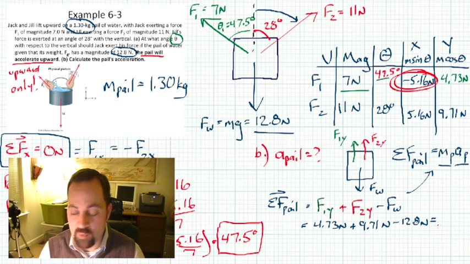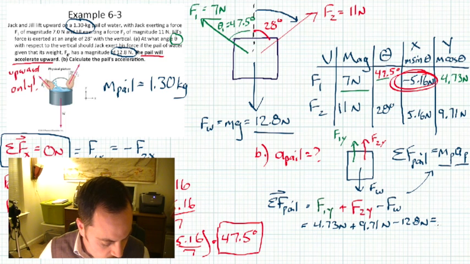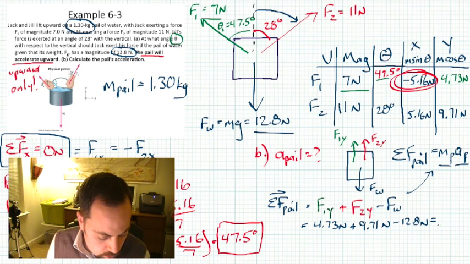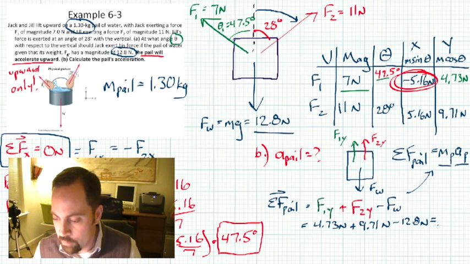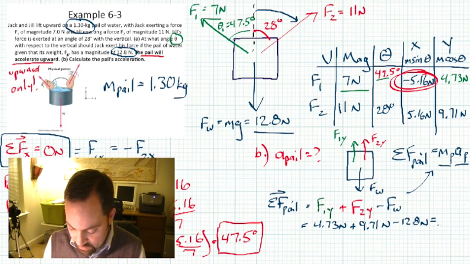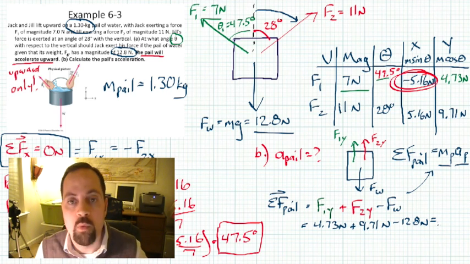So we sum all these up. This is going to give us the net force on the pail. I'll do it in steps here: 4.73 plus 9.71 minus 12.8 is 1.64.